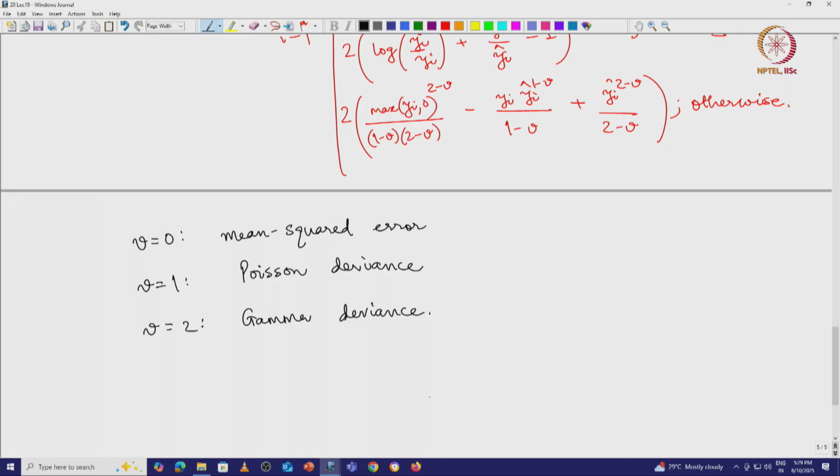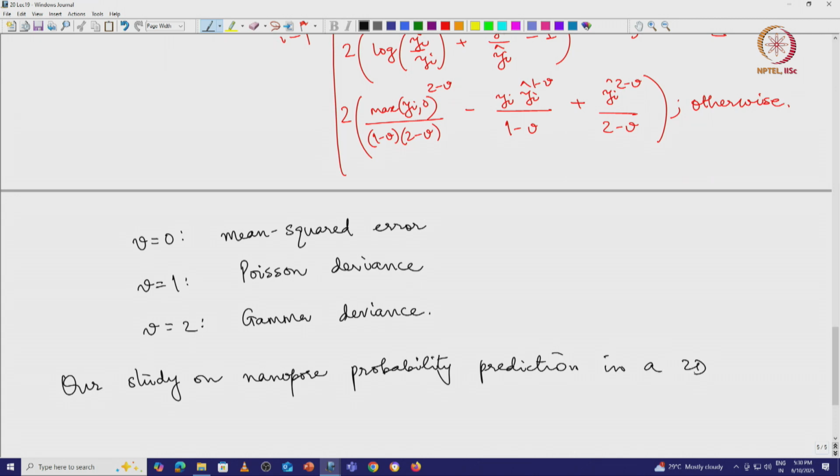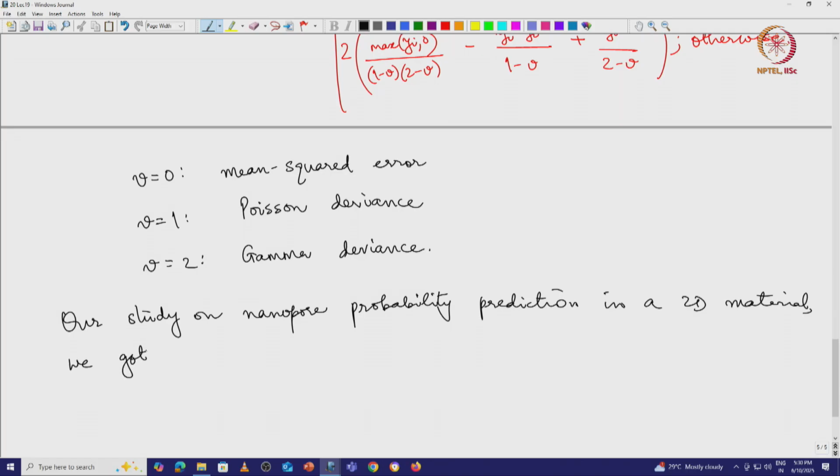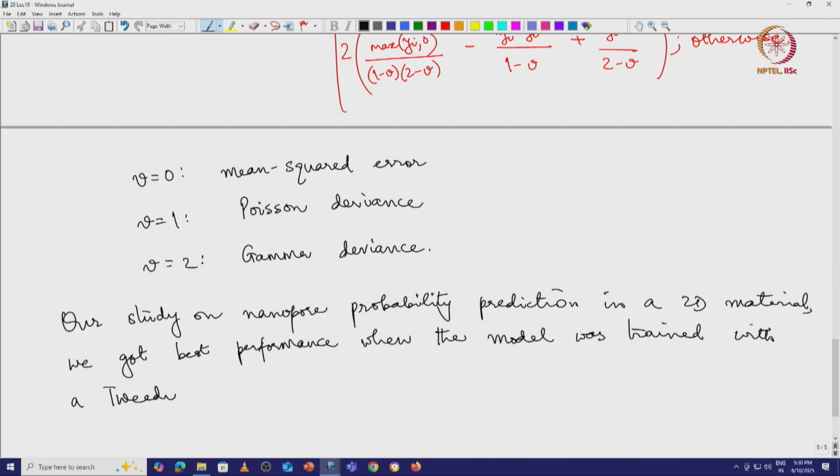Okay. So, in our case, for example, if you looked at our study on nanopore probabilities prediction in a 2D material, we got best performance on the test set when the model was trained with a Tweedie loss function, with the v parameter equals 1.5, right.